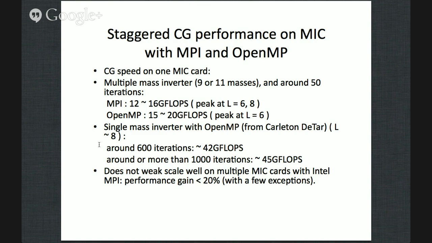And when we tried to weak scale the code on multiple MIC cards, the code performance didn't really go up. The total performance gain is less than 20%. And we use the Intel MPI for communication between the coprocessors.